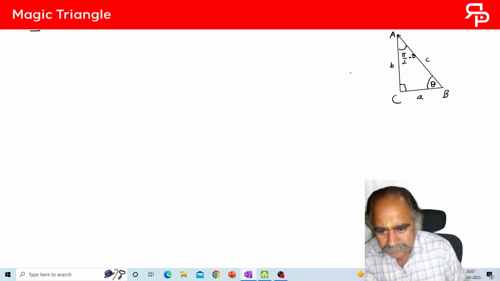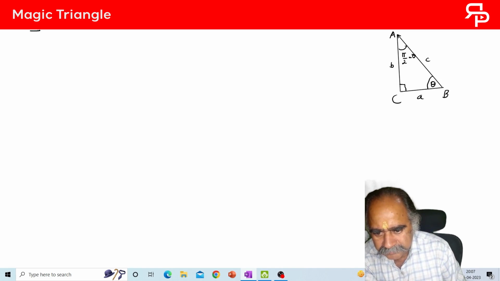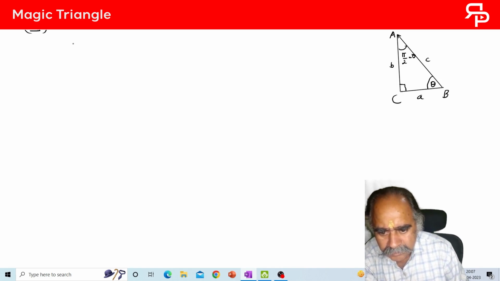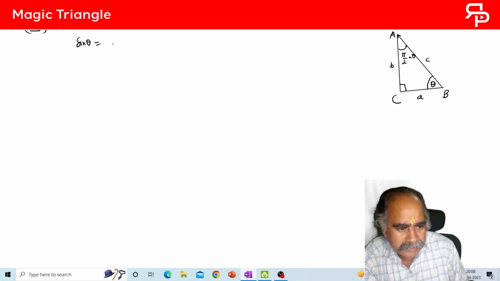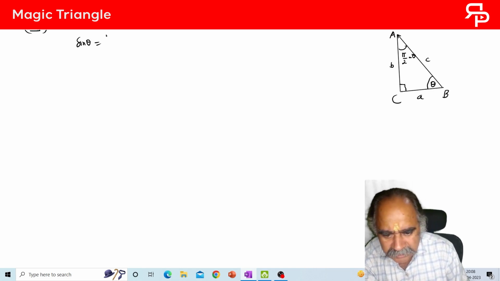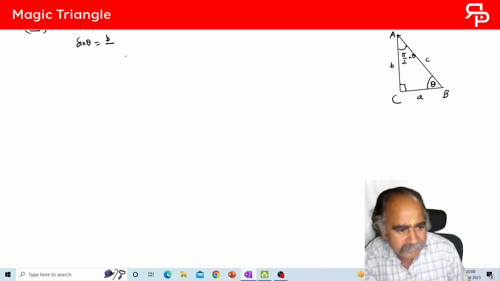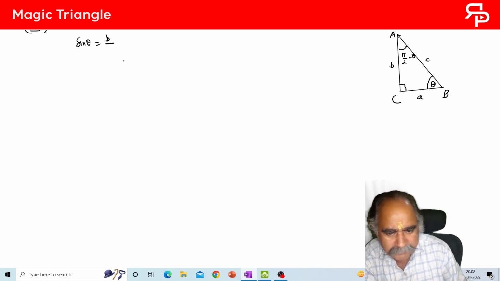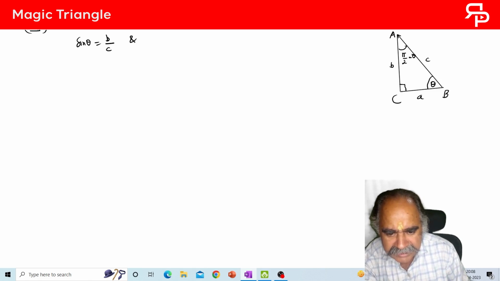Okay, so the third set of formulas is what? Sine theta is what? It is opposite side which is B upon hypotenuse, which is C. And cosec theta is what?